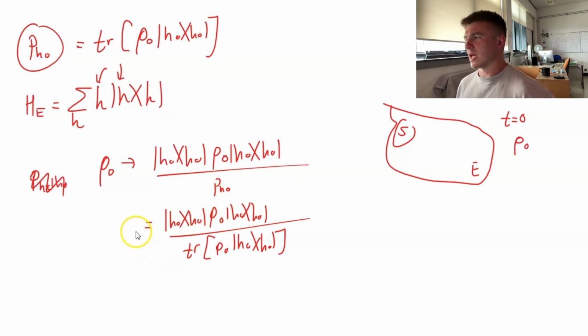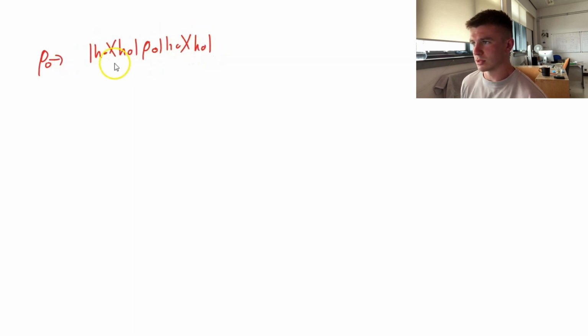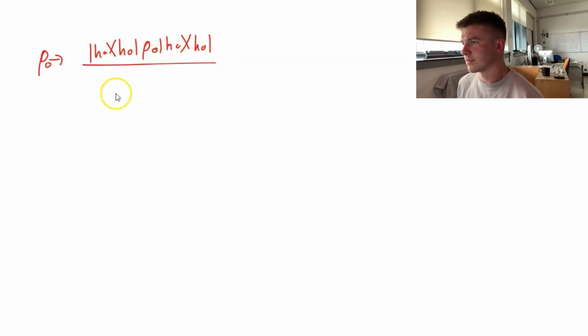And what happens next? Well, we're going to do our second measurement at time tau. So this state here is going to evolve. How? It's going to evolve unitarily because it is the state of the entire system plus environment, which is a closed system. So rho naught after the first measurement goes to this big projected state. It's not complicated, it just looks a little bit messy.